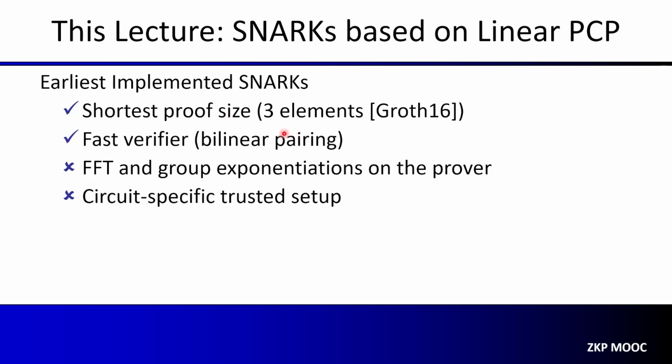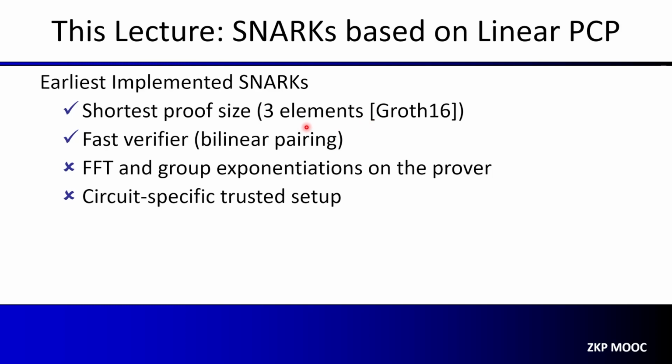To briefly show you the properties of these constructions, on the positive side, these SNARKs tend to have very short proof size in practice. For example, in the construction proposed by Jens Groth in 2016, the proof only consists of 3 group elements. In practice, it's only about 100 to 200 bytes.